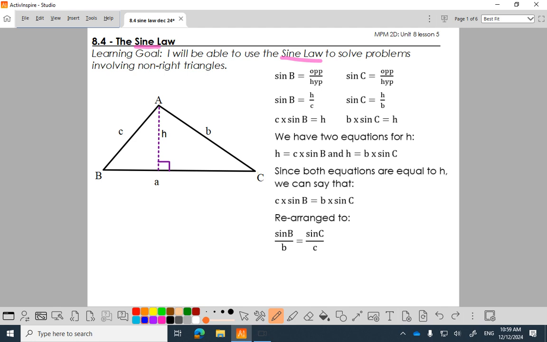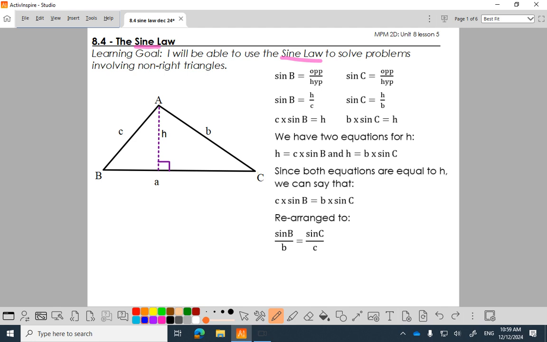And so yesterday we did many questions where there was a triangle that was not a right angle triangle, and we had to use wherever we could find a right angle triangle in order to solve for the side or the angle that we needed. So what happens when we can't do that, or we would like to find a different way to solve for whatever side we need?